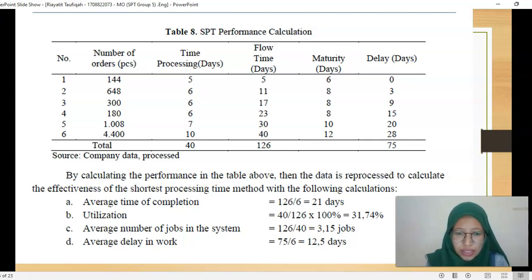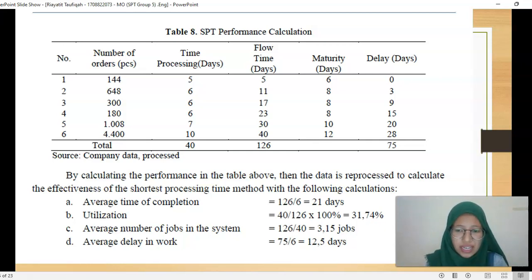Utilization is 40 per 126, which come from processing time and flow time, multiplied by 100%, and equals 31.74%. And average number of jobs in the system consists of 126 per 40 and equals 3.15 jobs.